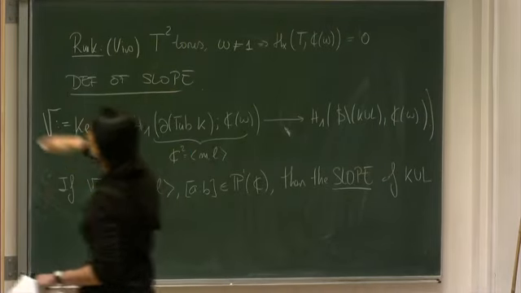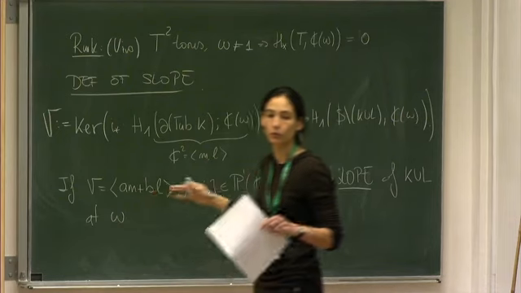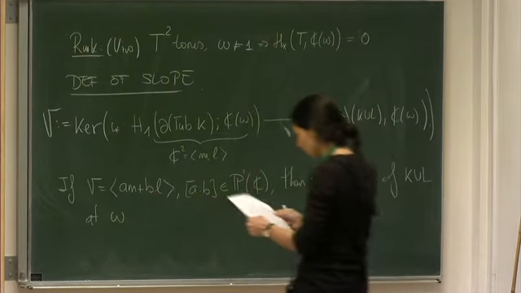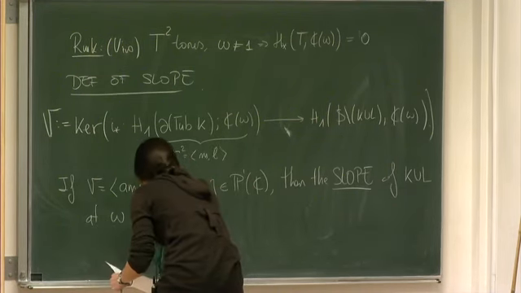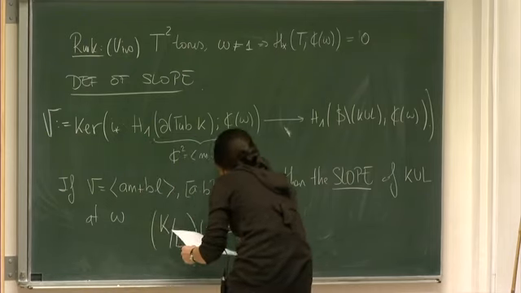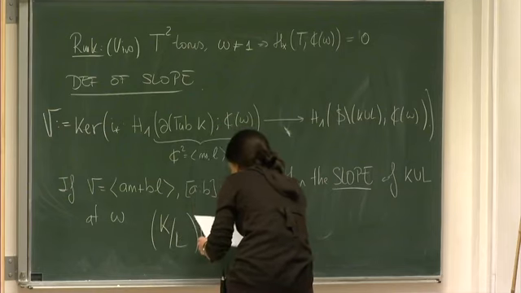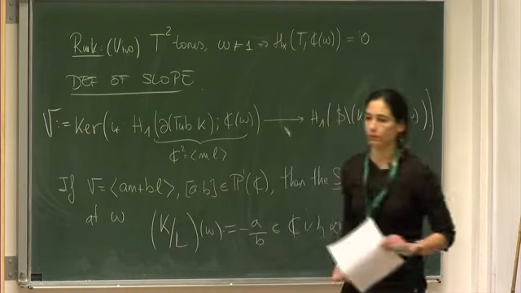At omega, I mean I'm understanding my character in this dual way as an mu-tuple of complex numbers. Never found a better notation for this. Minus A over B, which is a complex number or infinity.